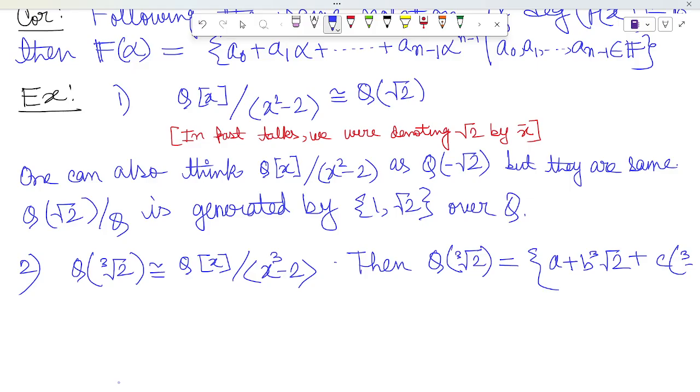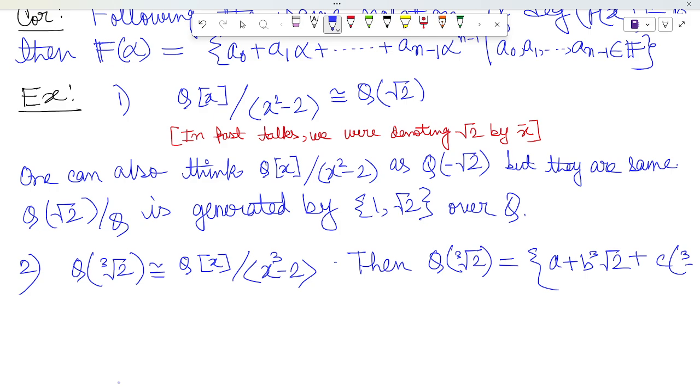Now this is the example. But it is over Q. But if we consider the thing in R, then we will get some complex roots also.